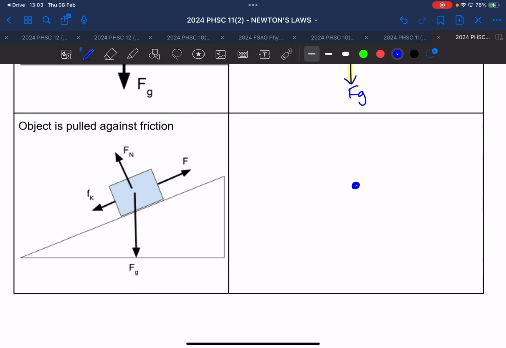Towards the center of the earth. Another force? Okay, and the direction?